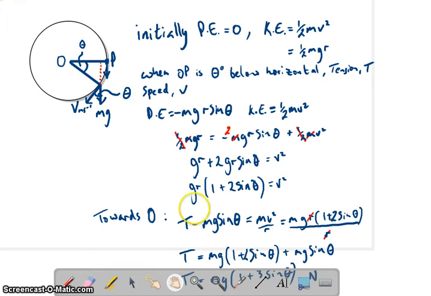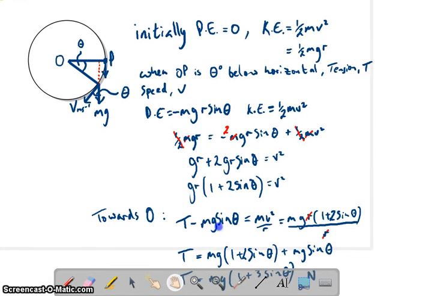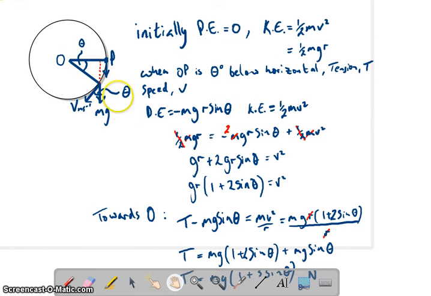this velocity is useful. So towards O, we have T is equal to, we got the tension, take away a component of the weight. Okay, so mg sine theta is our weight component here. That's equal to mv squared over r. Okay, so we can look at that.